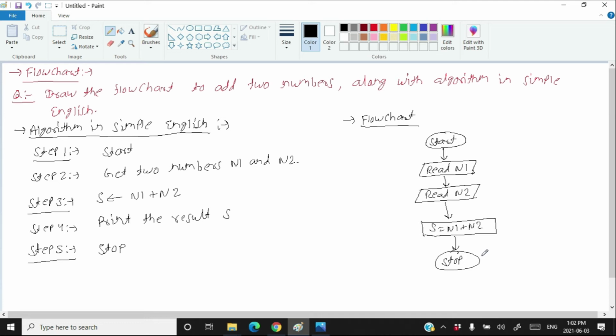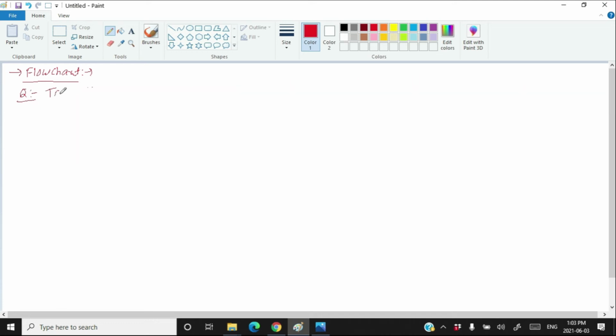Now let's see a very interesting question. To draw a flowchart to calculate 2 to the power 4, along with the algorithm in simple English.